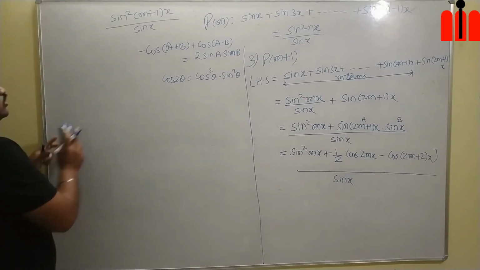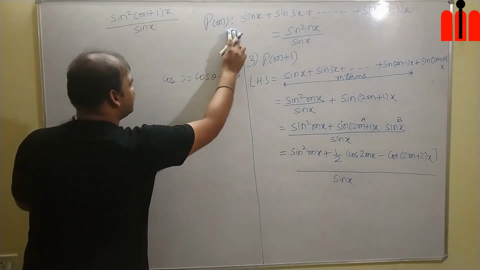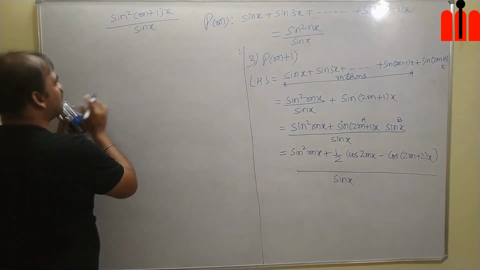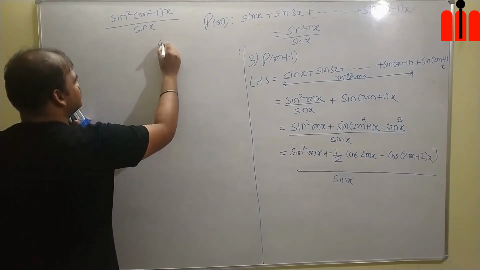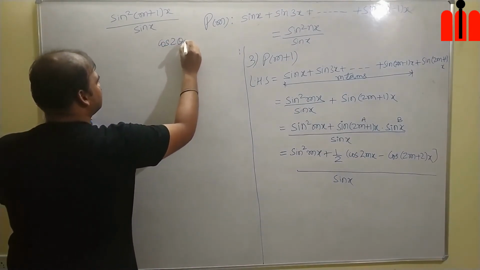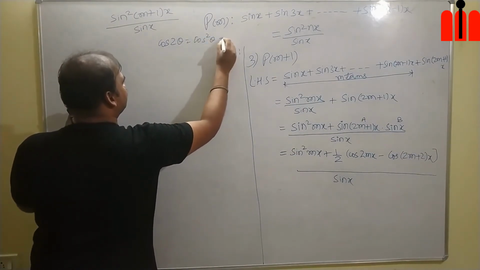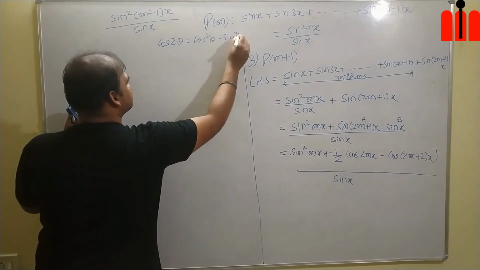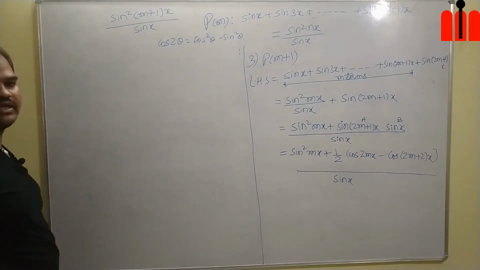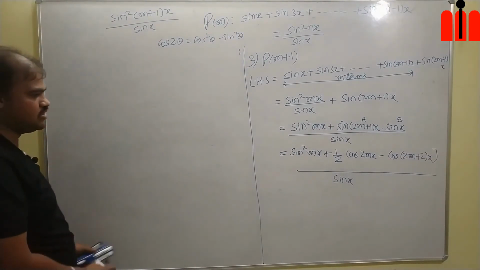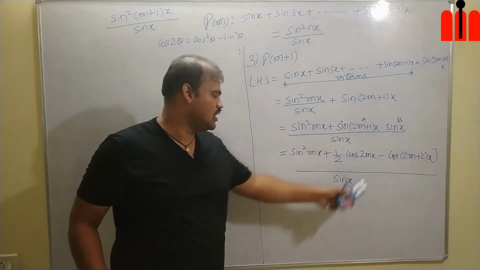So let me rub this out entirely and write what identity I am using here. I am using here cos 2 theta is equal to cos square theta minus sin square theta. Okay, that is the identity which I am using here. So here it is cos 2mx.